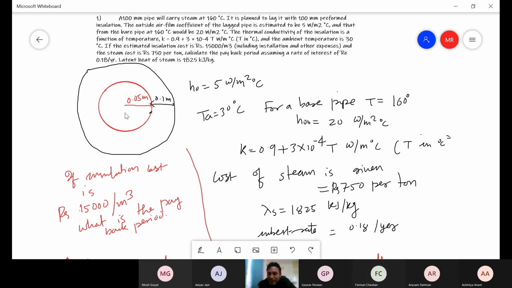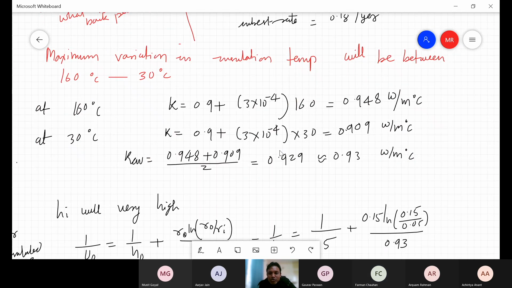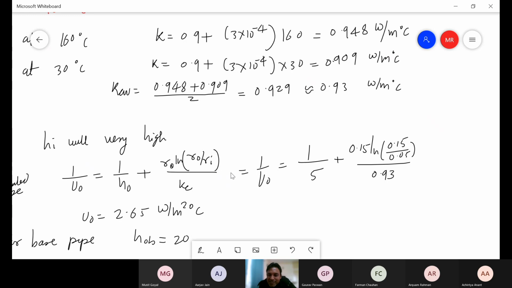H_i is not given here. What we are assuming is that the velocity inside this pipe is very high, and because of that H_i will be very high. That is why it is not given. So the contribution of H_i, that is why we have not included here. We are assuming that the heat transfer coefficient inside the pipe will be very high. That's why I have written H_i will be very high.